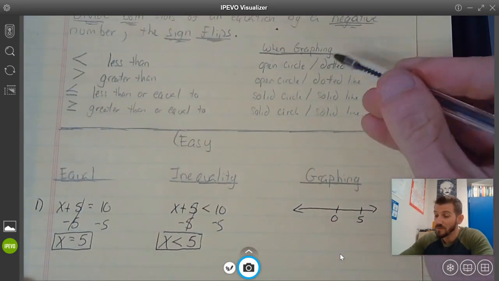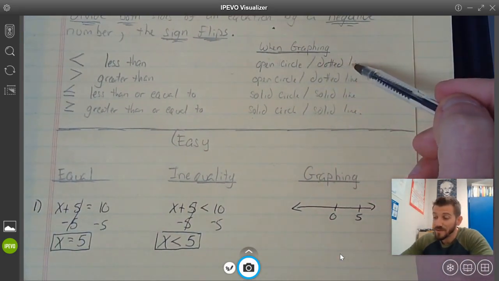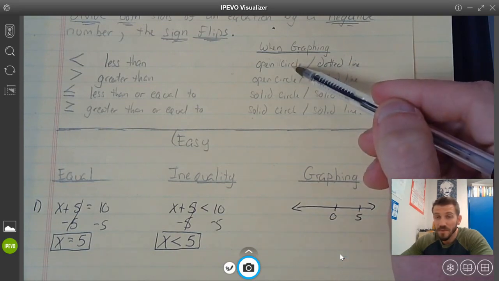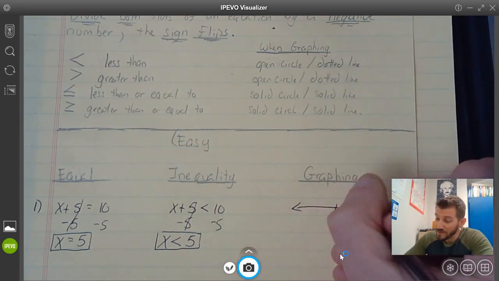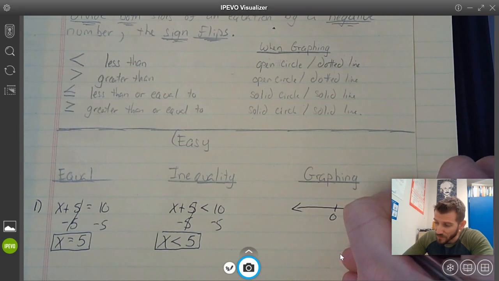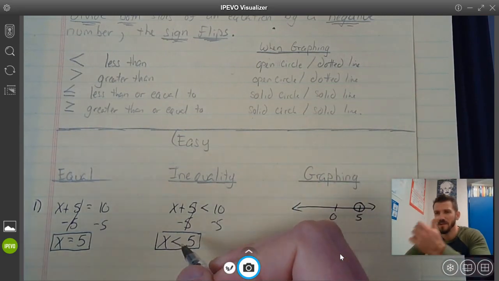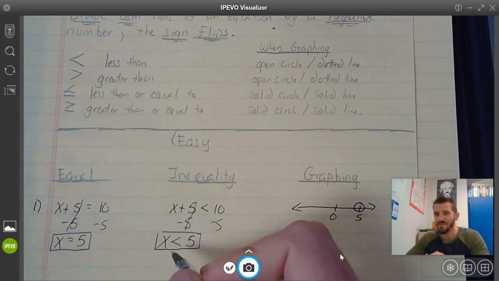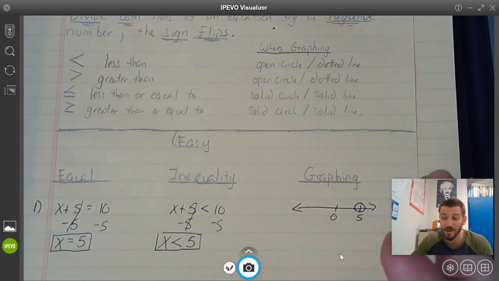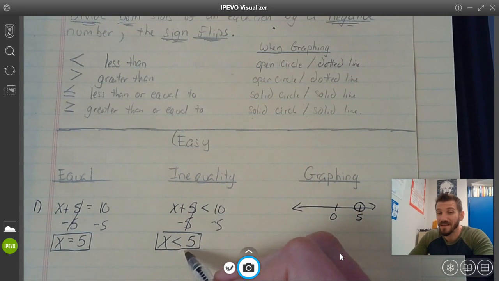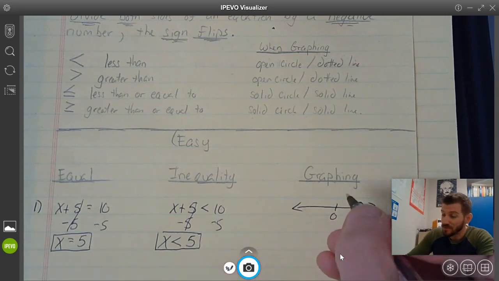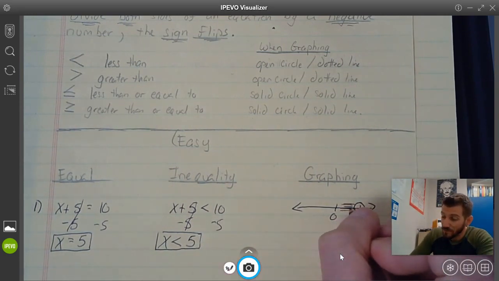And remember the rules up here. It's either a dotted line, but we don't have that. It's an open circle. So at 5, I need to make an open circle at 5. And what does less than mean? Do I go left or do I go right? If it's less than, you need to go towards the smaller numbers. So we shaded to the left.